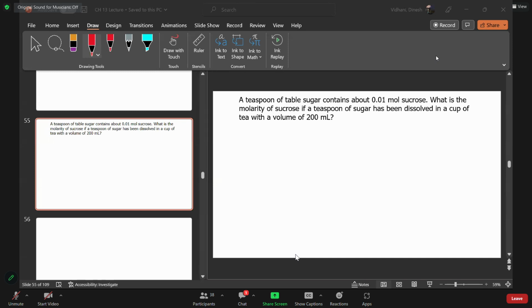So 0.05 molar, that's a correct one. Very good. Okay. See, now you guys are doing so great. That's the answer.